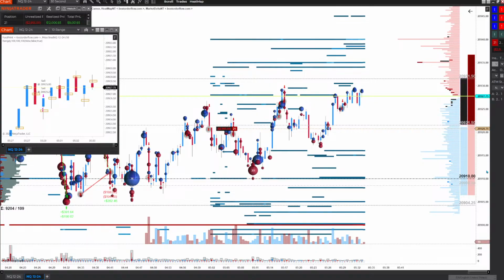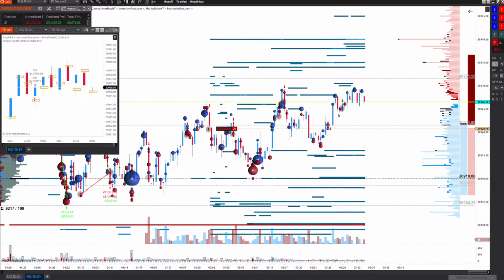Okay, there's a fight inside of that candle. Here we go. Now there's some insufficiency over here. We're going to feel it anyway.